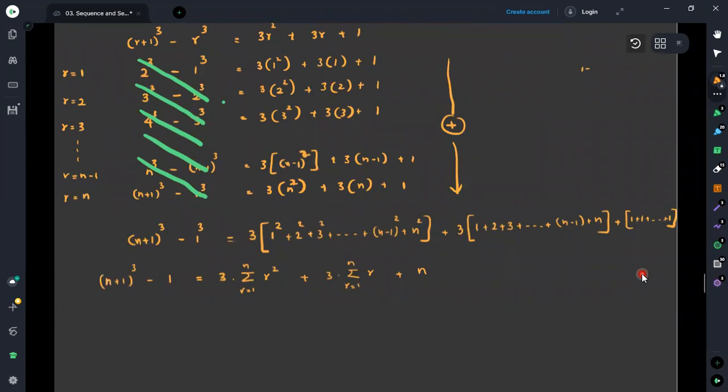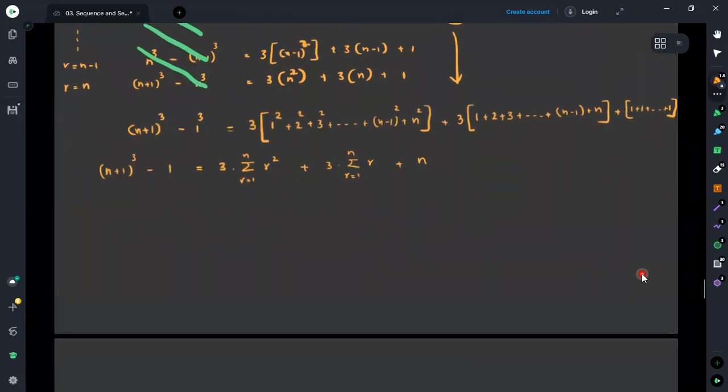It is simply as if you are adding 1 plus 1 plus 1, you will get it as 3. It is because here we had 3 terms. Therefore, if you are repeating it for n number of times, if you are having altogether n number of terms, then we'll get this summation as n. That is why we are getting n here.